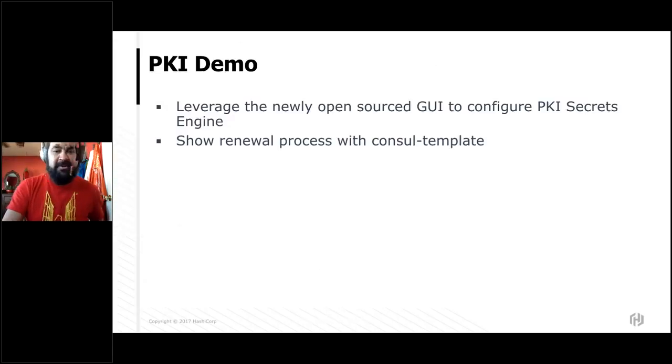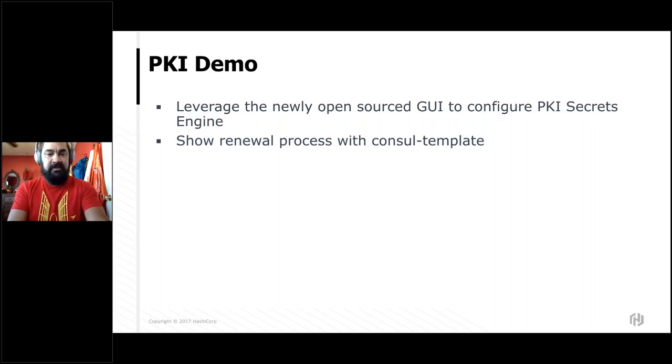Okay, first off, we're going to start off with a PKI demo, and we're actually going to leverage the newly open source GUI. For those of you who have been tracking Vault closely, version 0.10.0 released the open source GUI. It's quite nice that we moved this out of the enterprise area. And then we'll show what a renewal process looks like using consul-template.